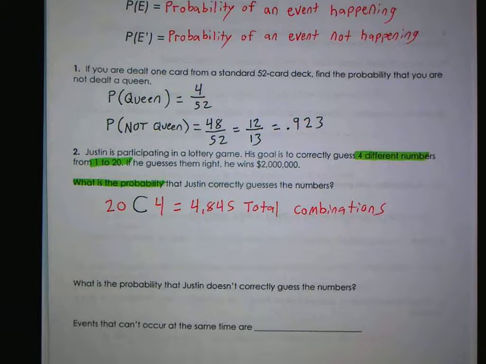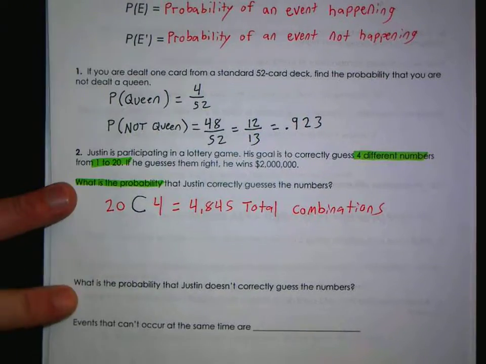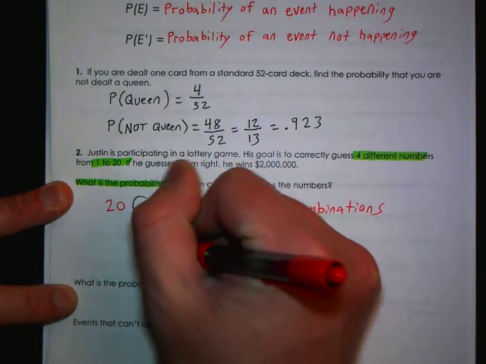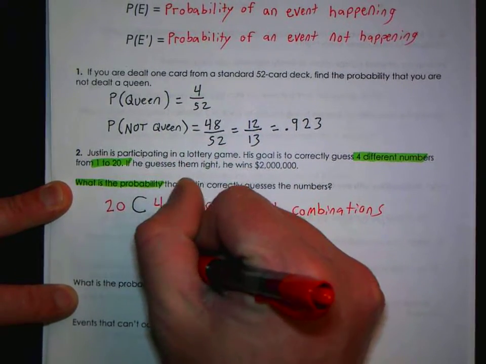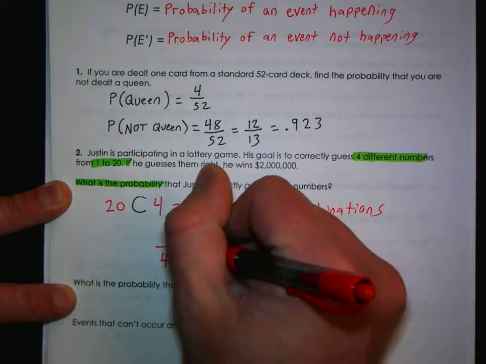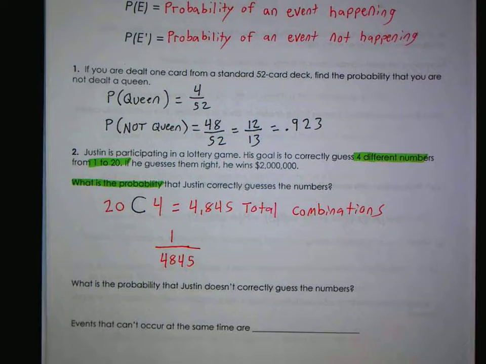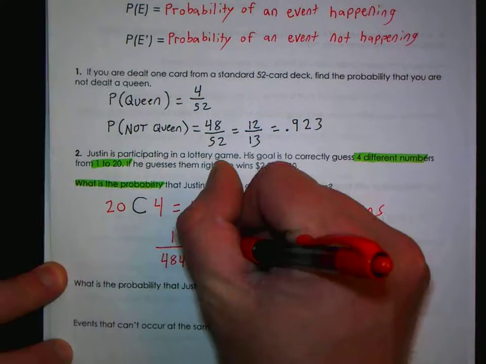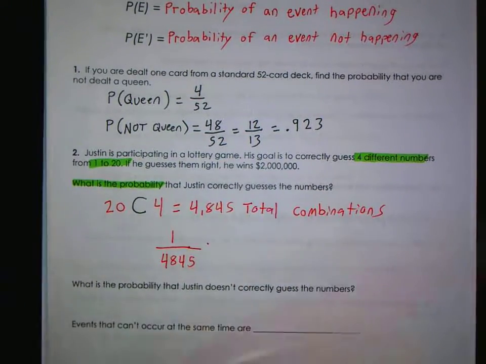Right? So our probability would be 1 out of 4,845, which is approximately 0.02. And I'll just leave it like that. There's no point writing as a decimal. So you have a 1 out of 4,845 of winning $2 million.